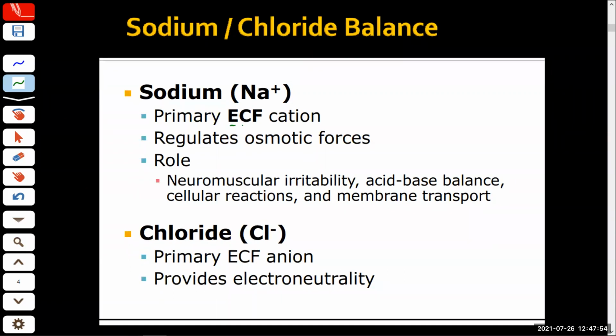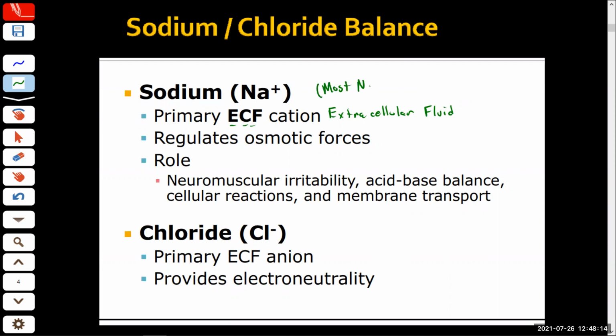It's the primary ECF, extracellular fluid cation. I.e., most of your sodium should be outside of your cell.